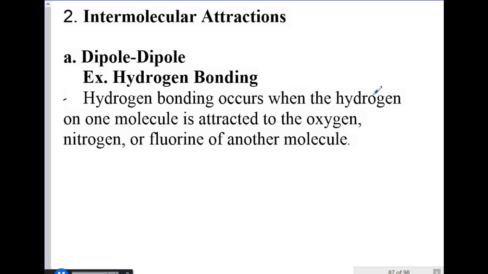An example of this is hydrogen bonding. Di means what? Two poles. What that's referring to is when you have one molecule which has two poles, so that's slightly positive, slightly negative, slightly positive. This is one dipole.